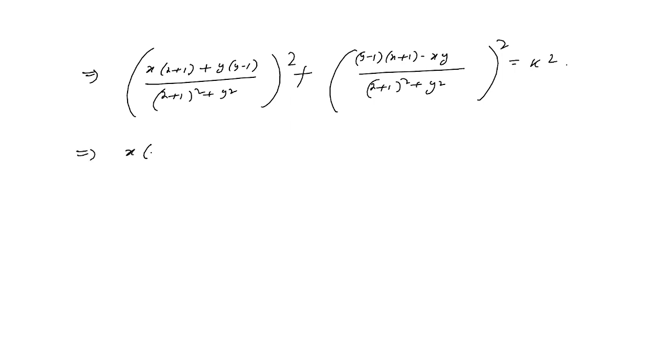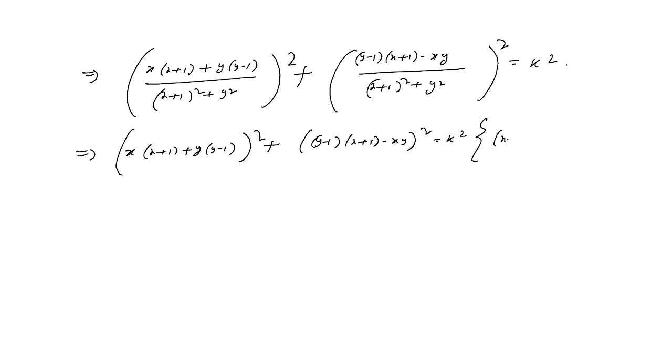So this will be x into x plus 1 plus y into y minus 1 whole square plus y minus 1 into x plus 1 minus xy whole square, this is equal to k square multiplied by x plus 1 whole square plus y square. Just you will expand all this expression and solve it.